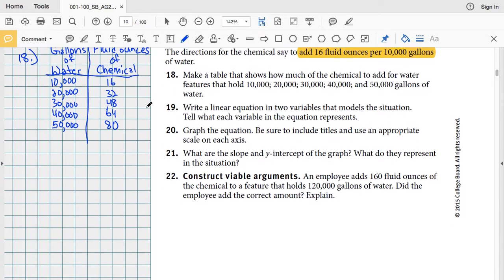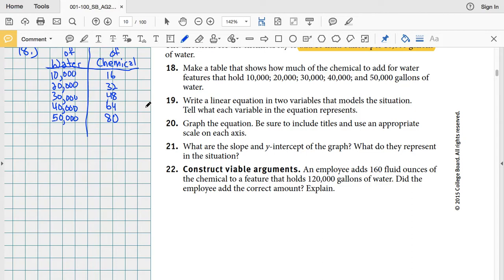Number 19 says write a linear equation in two variables that models the situation. Okay, and it says tell what each variable in the equation represents. Now there are actually a few correct answers to this, and it really all depends on what your scale is as far as what units you're using. In this case, I physically wrote down 10,000, 20,000, 30,000, so on and so forth.